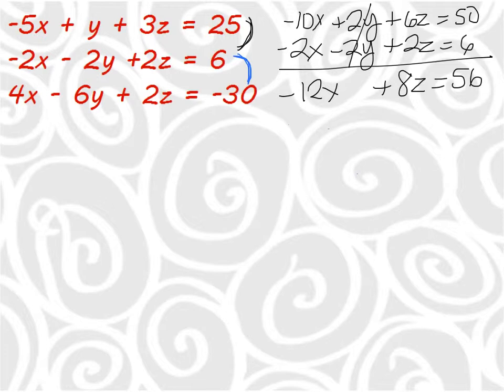So I'm going to take that second equation times negative 3. So then I'm going to have a positive 6x, and then a positive 6y, and then a negative 6z equals a negative 18. Combine that with the bottom equation without having to change it.